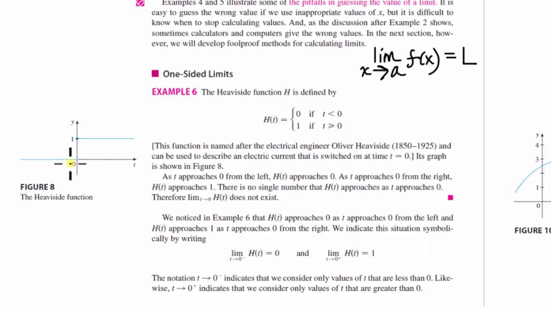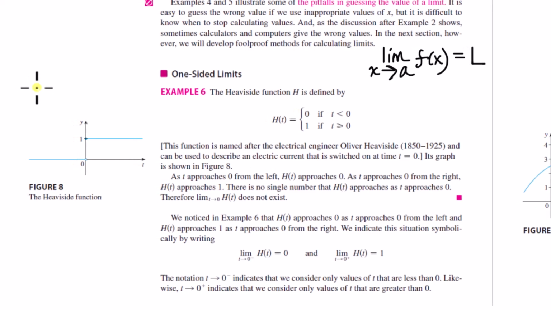If the input t is anything that's less than 0, but not equal to 0, so there's an open circle here, then the function is equal to 0. If the input t is greater than or equal to 0, then the output is equal to 1. All right? So now it says, as t approaches 0 from the left.